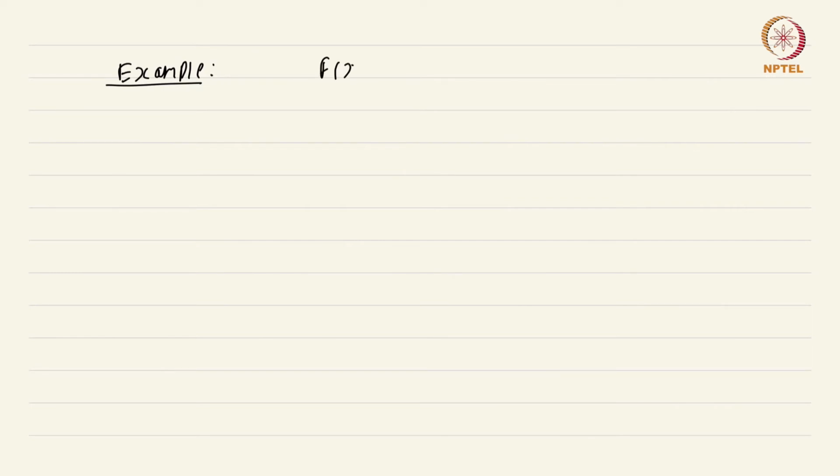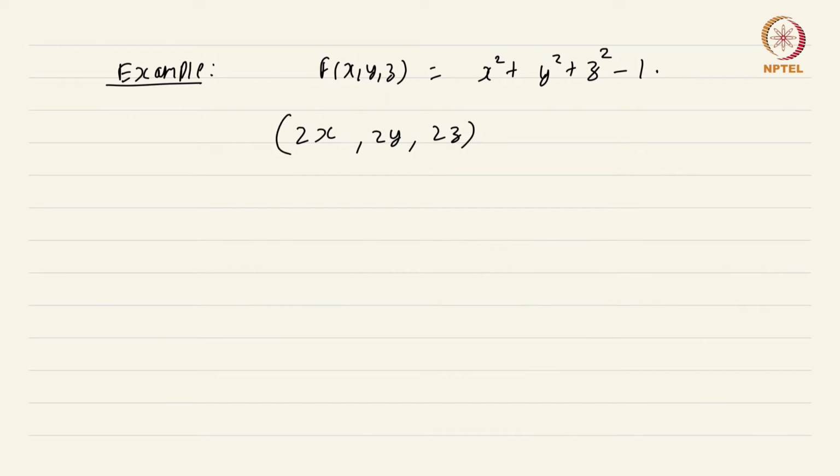Let's take f of x, y, z to be x squared plus y squared plus z squared minus 1. Note that the gradient of this is (2x, 2y, 2z), and the gradient is not 0 unless x equals y equals z equals 0.